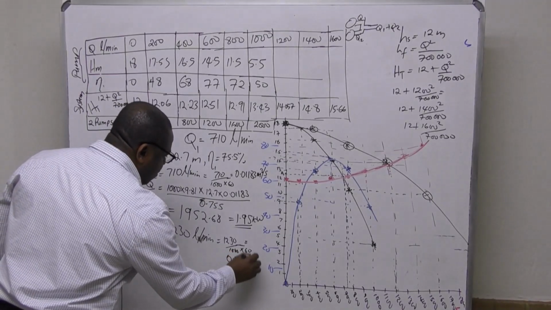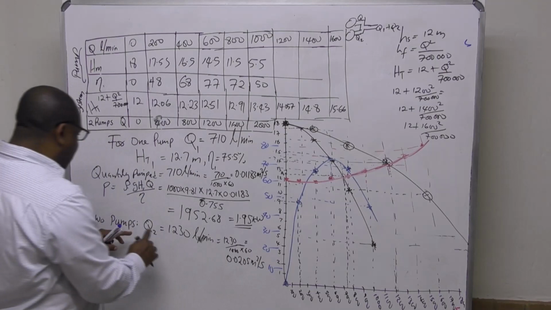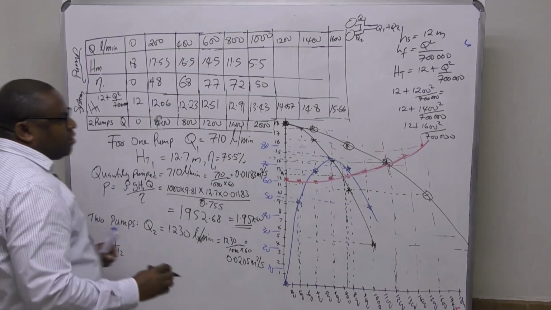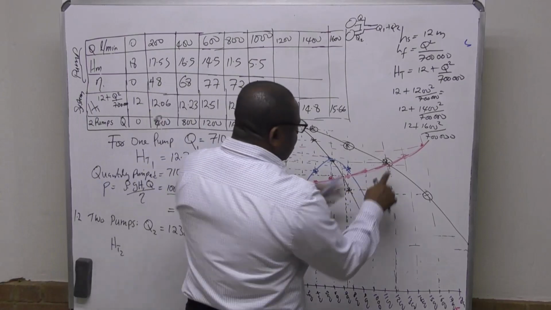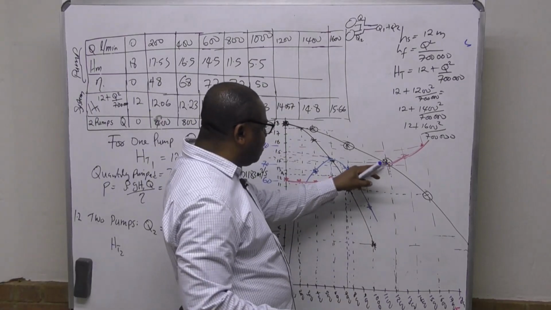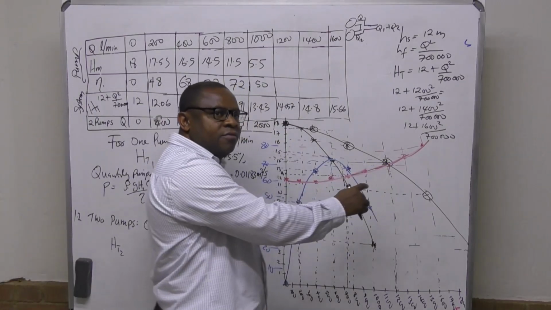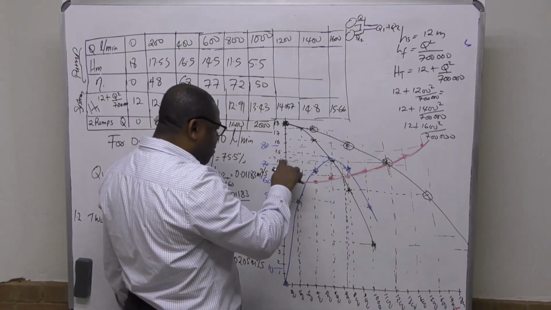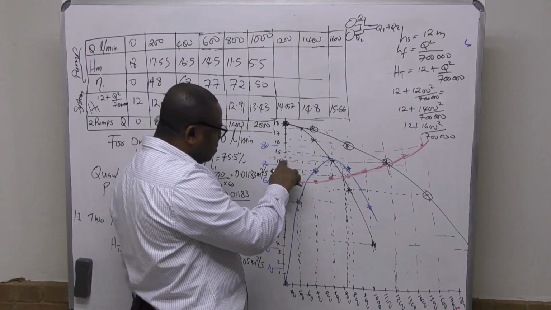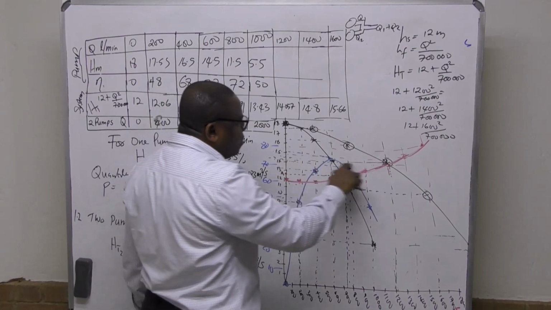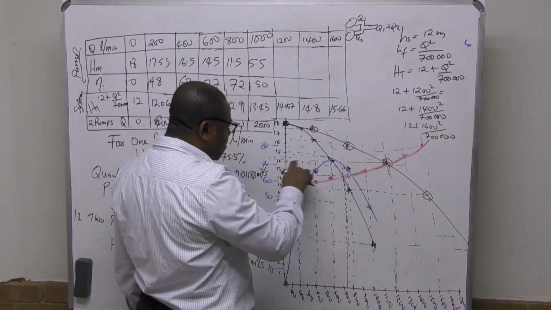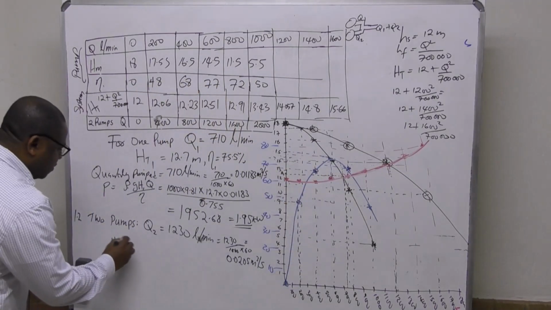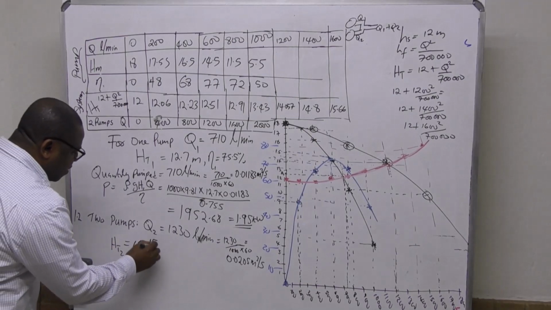So now that's Q. What about the head, the operating head here? You trace this. This is about 14 point something. All right, so we can say that is about 14.15.